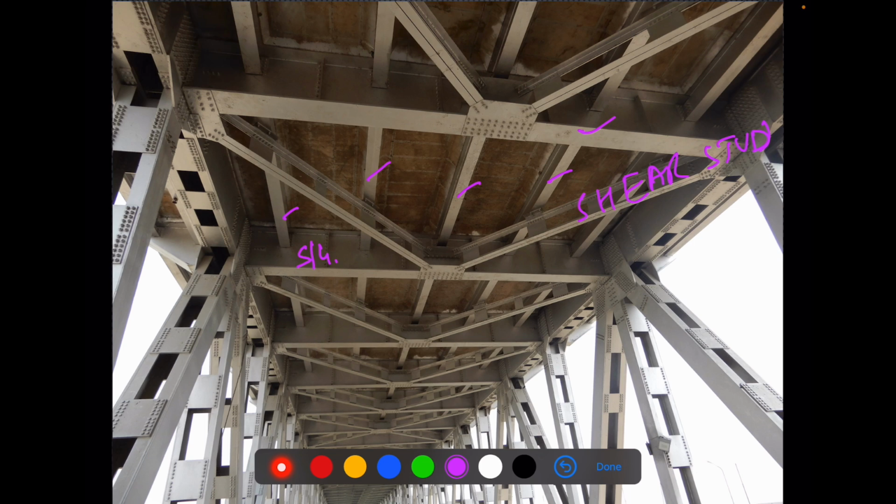You can also see, if you look carefully, that a haunch kind of arrangement is there around this, right?